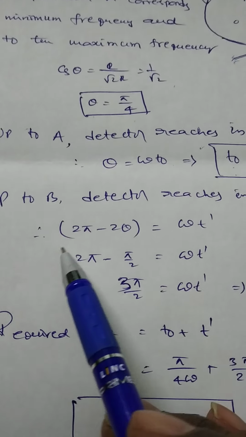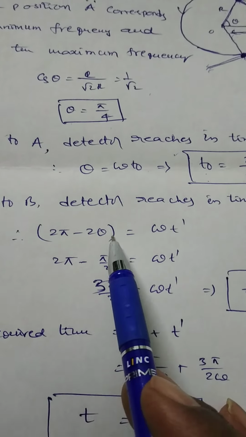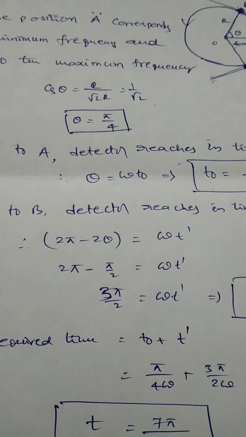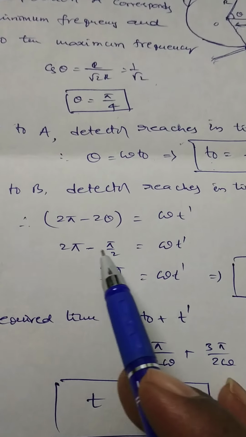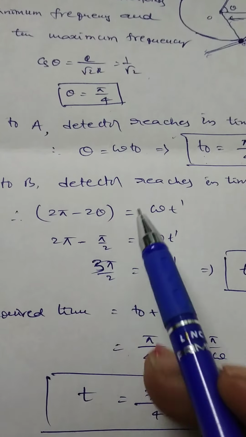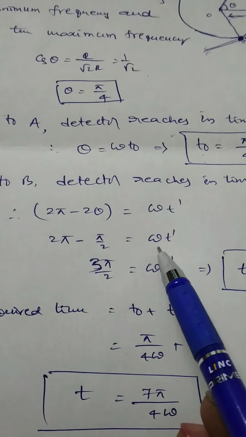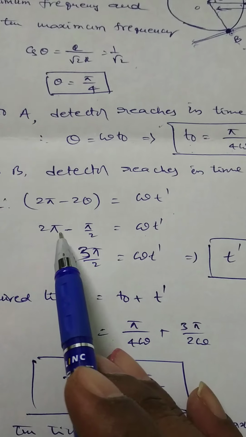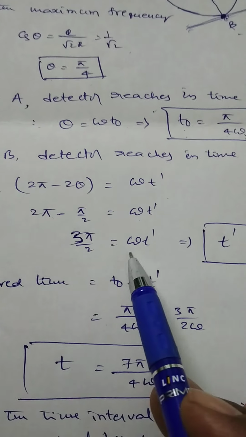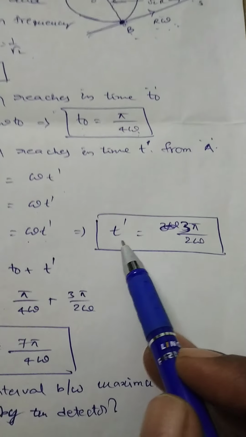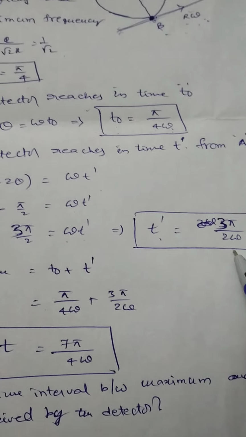The angular displacement while going from A to B is 2 pi minus 2 theta, which is equal to omega into t dash. 2 pi minus 2 into pi by 4, that means 2 pi minus pi by 2 is equal to 3 pi by 2, which is equal to omega into t dash, and t dash is equal to 3 pi by 2 omega.